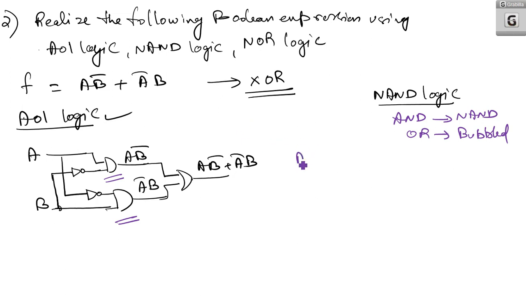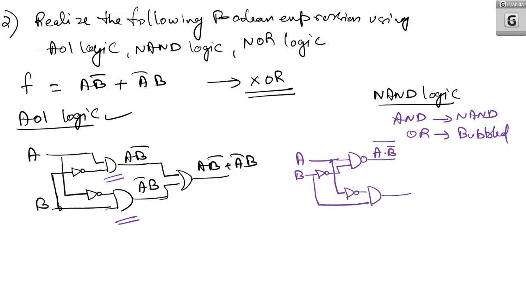So you already have A coming in. B is noted here and going in. So here what you get, A dot B bar, the whole bar. Again here A is noted, B is directly coming in.